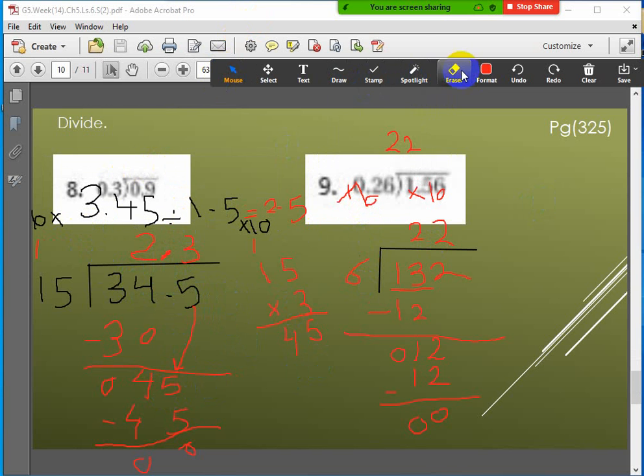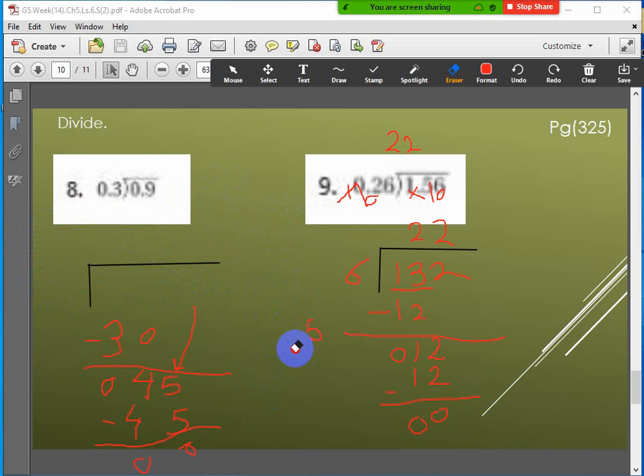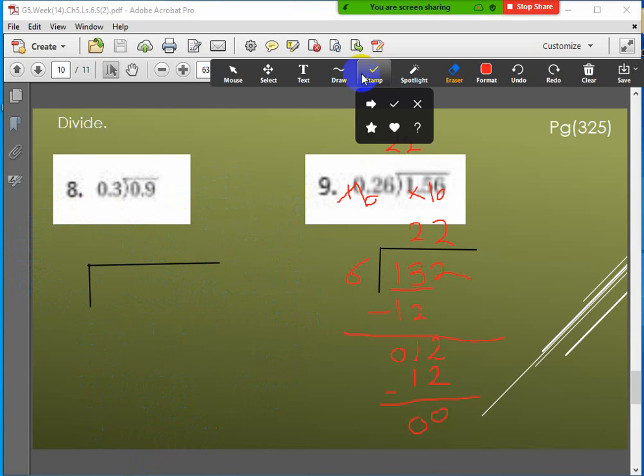Number 8 is 0.9 divided by 0.3. So I will erase this one. Okay, Rinad, now open the mic and tell me which pattern I will use to make this divisor a whole number? Very good, 10.